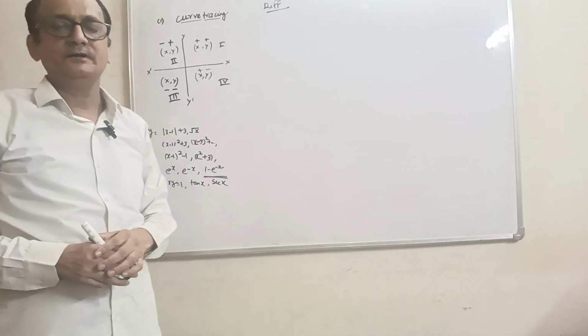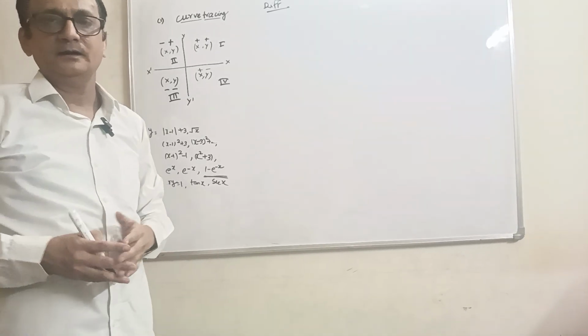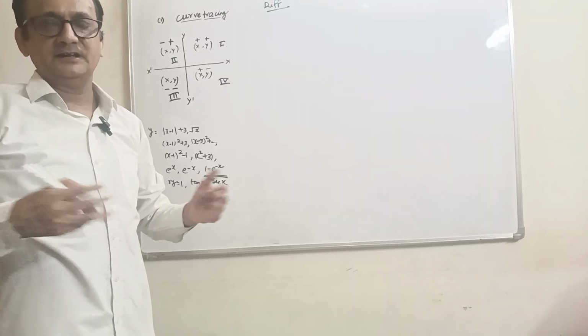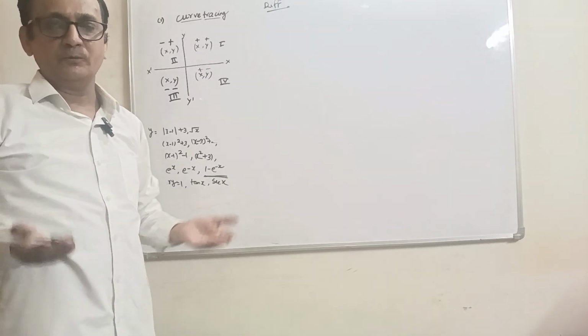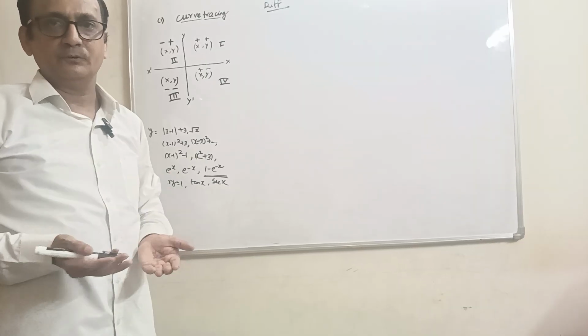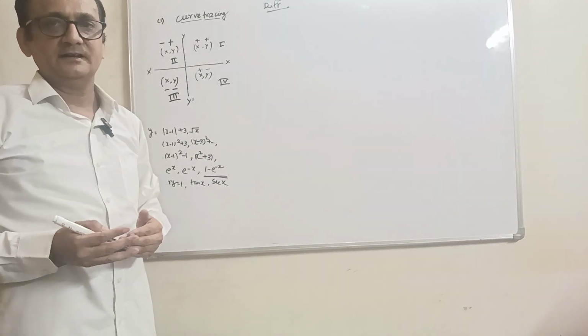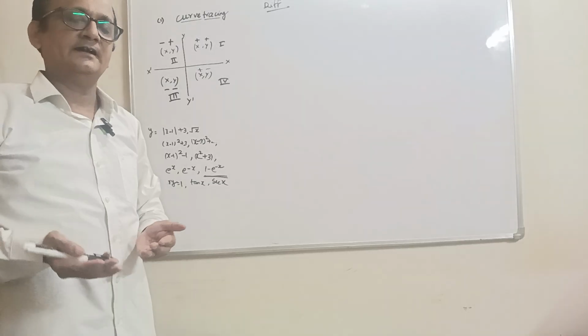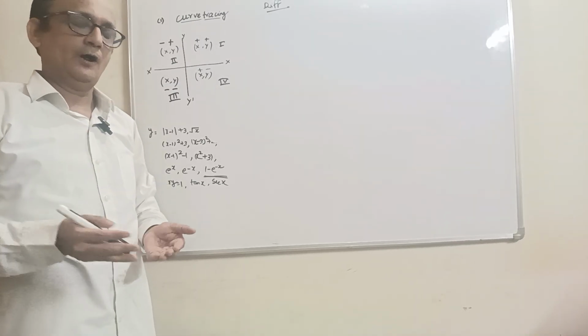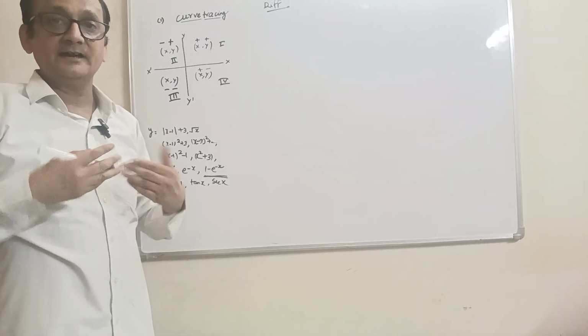Differentiation means we are talking about the change in the output with respect to the change in input. The change in the input function is related to the change in the output function. This is the rate of change.